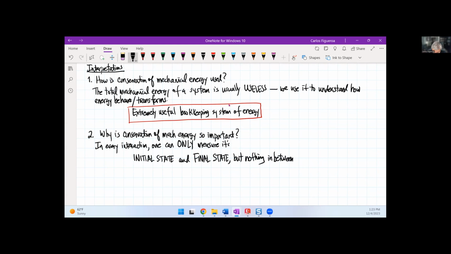So what I mean by that is that if I have some interaction, just like we did with momentum, there's the before, and then there's the after.